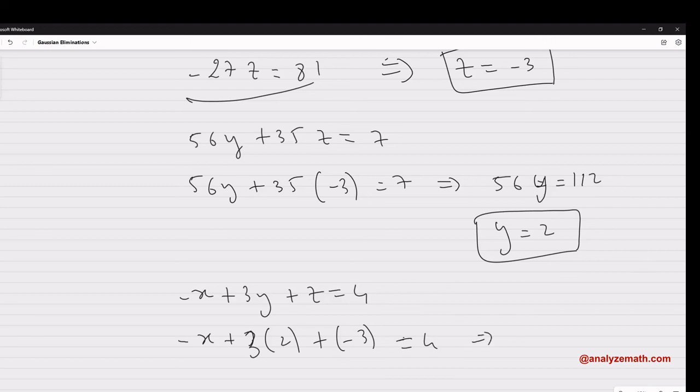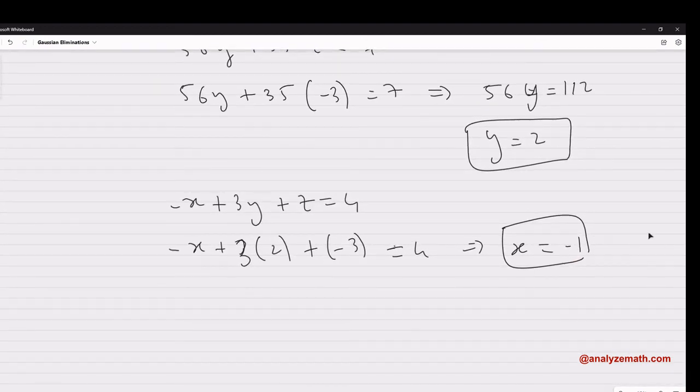And when you solve, you get x equal to negative 1. So we have our solution written in ordered form, x, y, z. The solution is x equal to negative 1, y equal to 2, and z equal to negative 3.